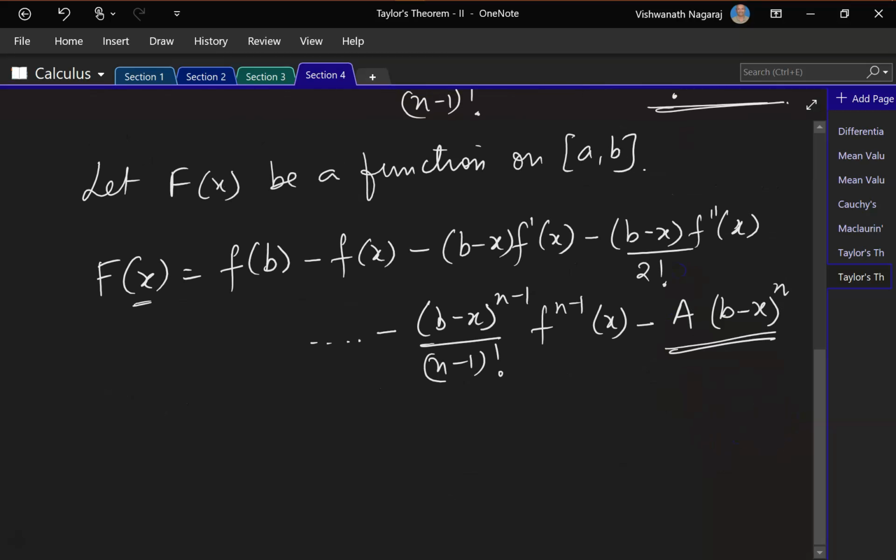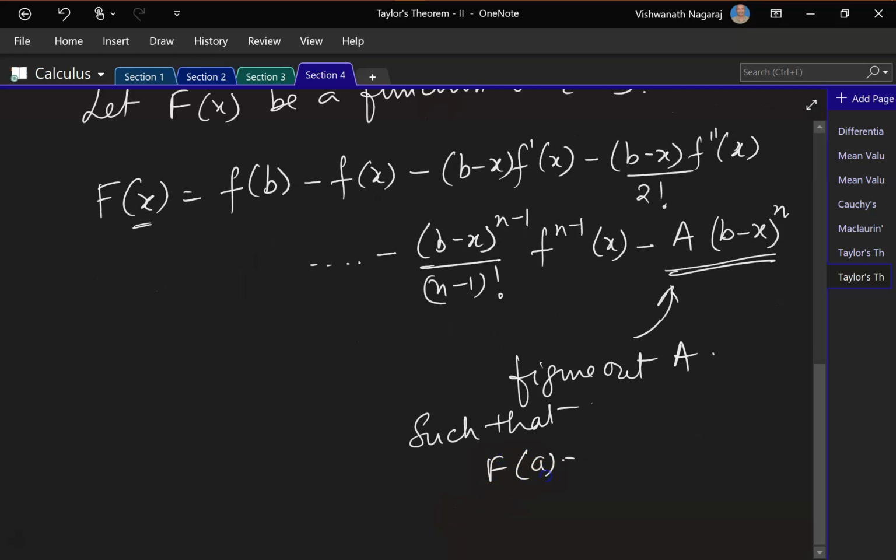Now here I have to figure out the A, and I want to figure it out in such a way that capital F of a is equal to capital F of b.